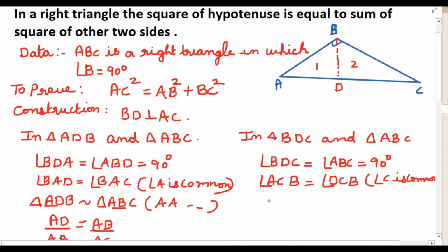Again, by AA similarity criteria, I can write ABC is similar to BDC.